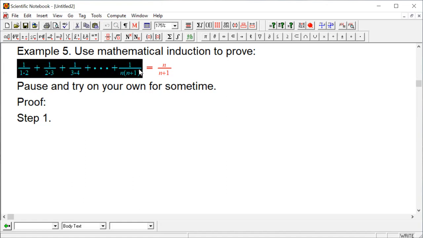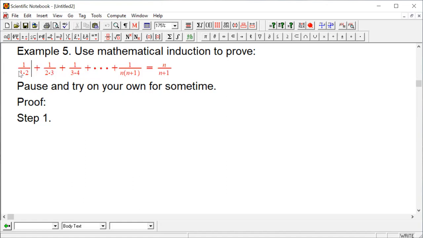We have n terms. This is the first term, second term, third term. You can tell which term it is by seeing the n. The first term is 1 times 2, second term 2 times 3, third term 3 times 4, and the nth term is n times n plus 1, right? So is it true for n equals 1?